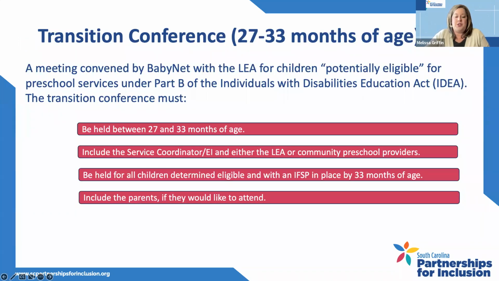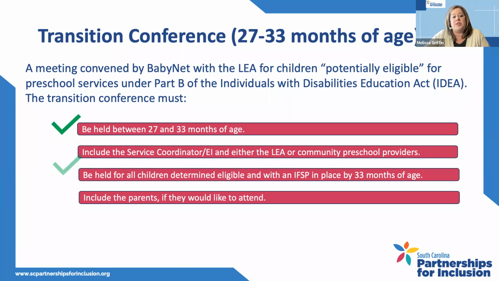Moving on is the transition conference. This is also a Part C responsibility. It's for potentially eligible children for Part B services that are currently Part C kiddos. Part C personnel is responsible for scheduling and facilitating the conference. Like I said, it's held between 27 and 33 months of age.